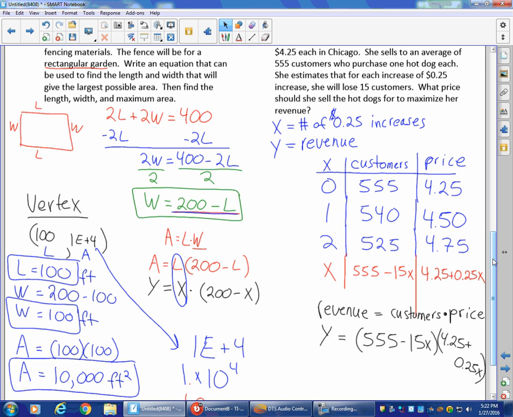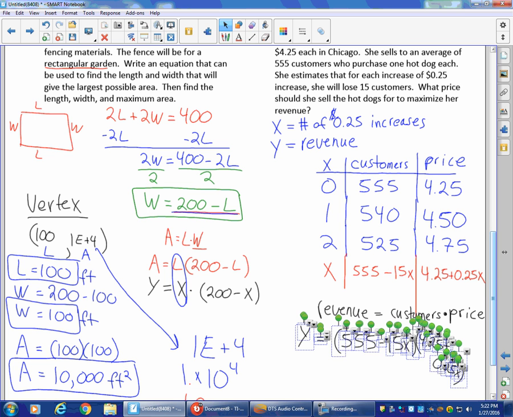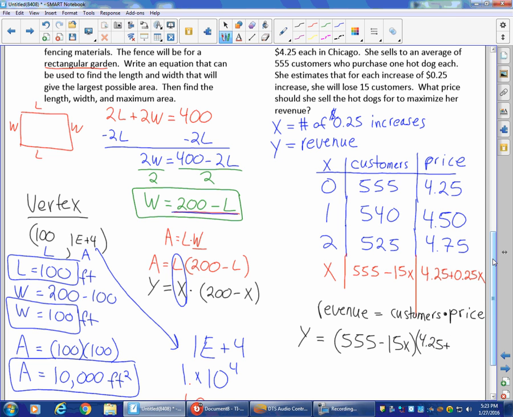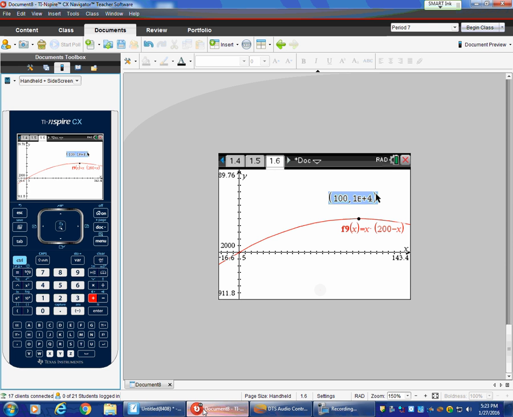So let me clean this up a little bit. So at this point, now I'm ready to set up my equations and to grab them and find that vertex. So we're going to set it up just the way we see it.